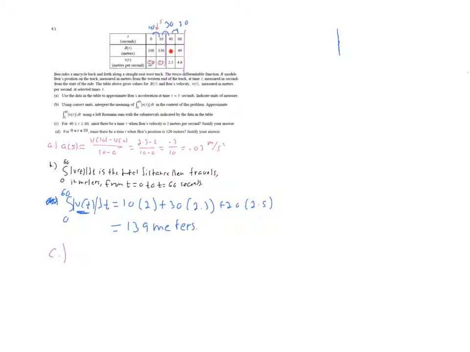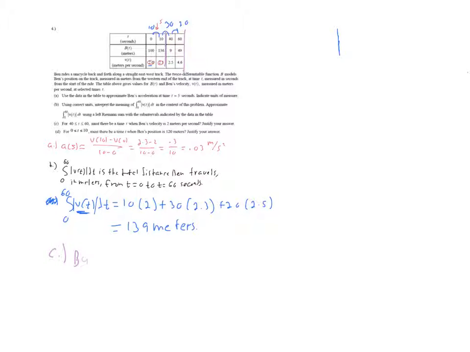But if I look at my position values, it goes from 9 to 49, so a change of 40 units in 20 seconds. So by the mean value theorem, because the slope between these 2 points is 2, because 40 divided by 20 is equal to 2, then at some place that velocity has to be equal to 2.